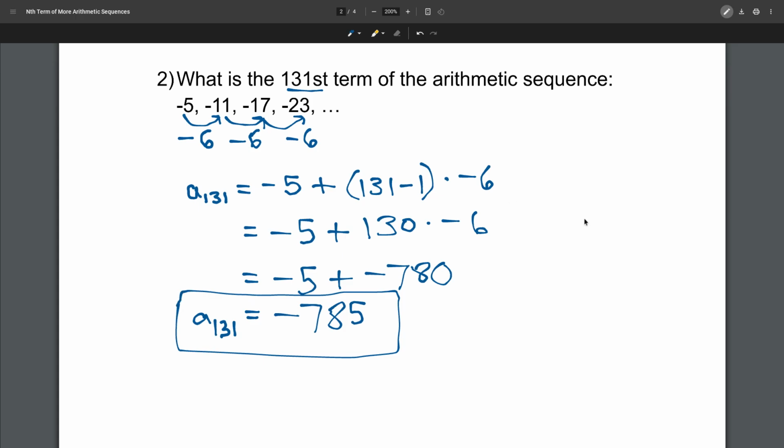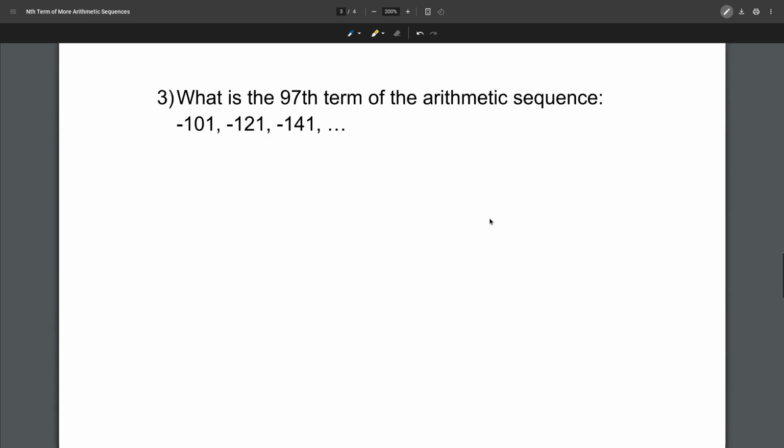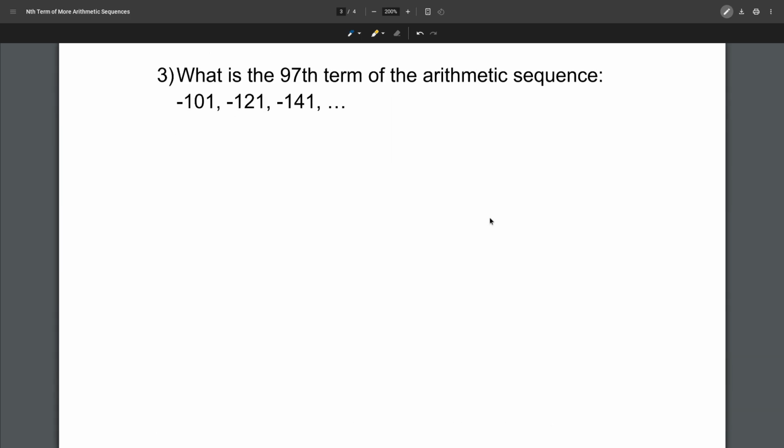Okay, let's try another. What is the 97th term of the arithmetic sequence? We start with negative 101 and we decrease to negative 121. So we go down 20. And again, we decrease, we go down 20.